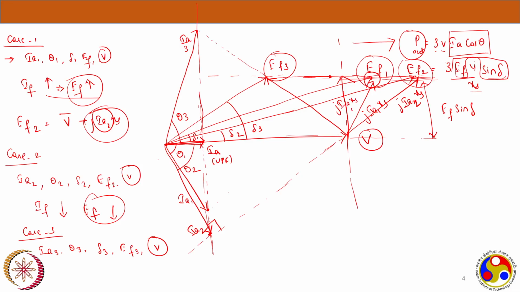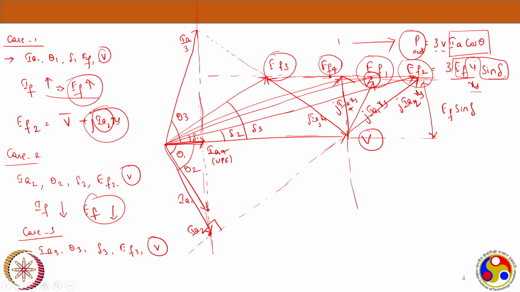Let's say this is IA4, and this is IA3. So my IA4 is exactly perpendicular to the bus voltage V axis, and this is perpendicular to my IA4. And you see my excitation voltage here, EF4, at unity power factor.